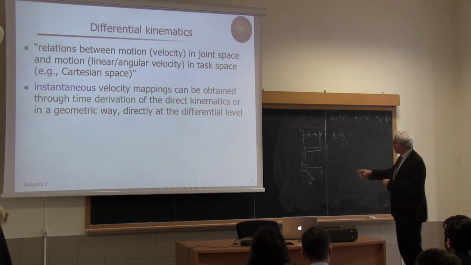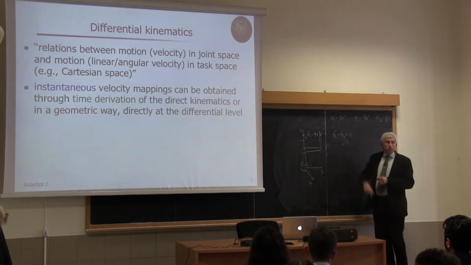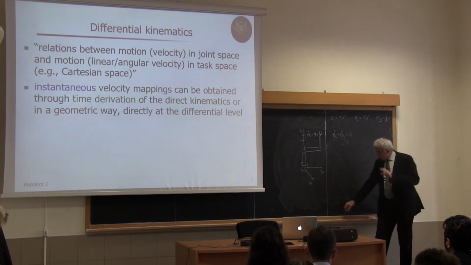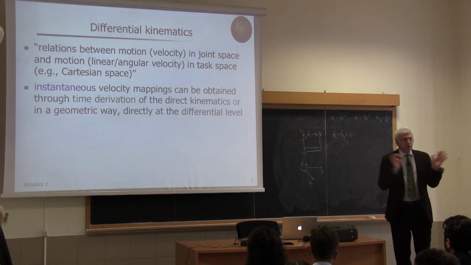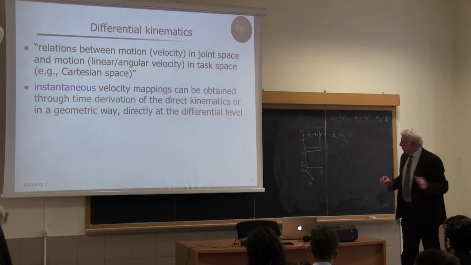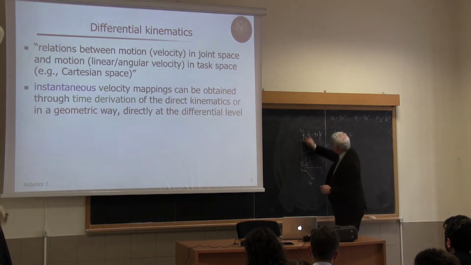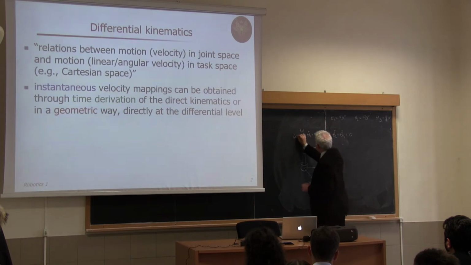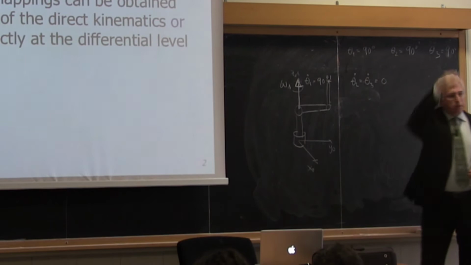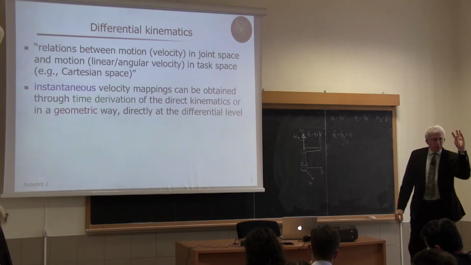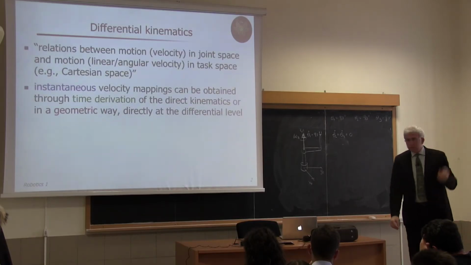In fact, when I'm computing the velocity in this simple case, I could just, without differentiation, work with vectors. And in fact, I would say, okay, there's some vector omega 1 aligned with the axis of joint 1, because I'm rotating around joint 1.